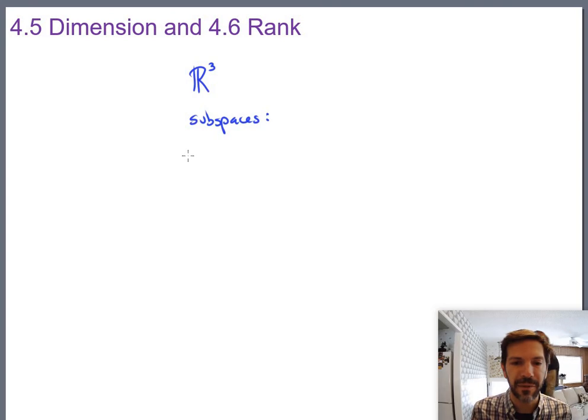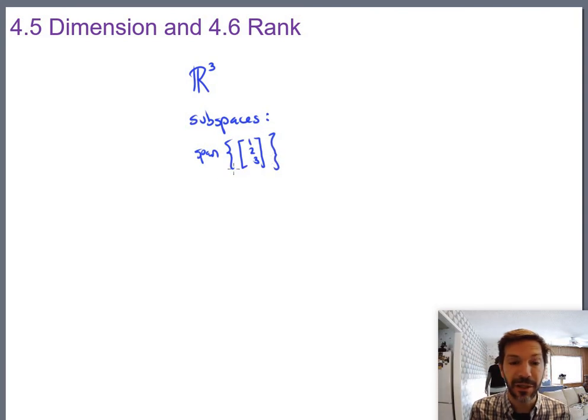Let's say we have a subspace that is just defined as the span of 1 vector. The numbers here don't really matter. It says you can do any multiple of 1, 2, 3.